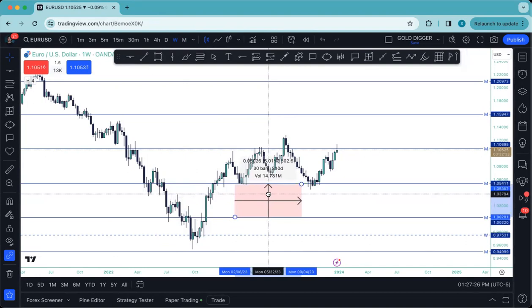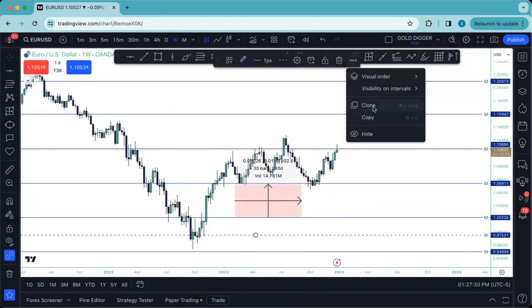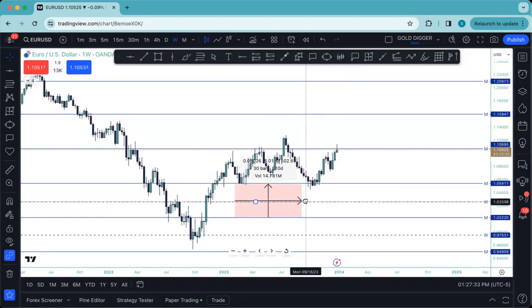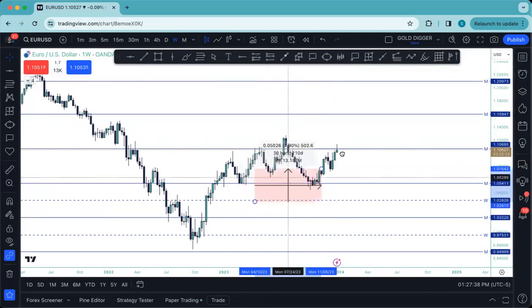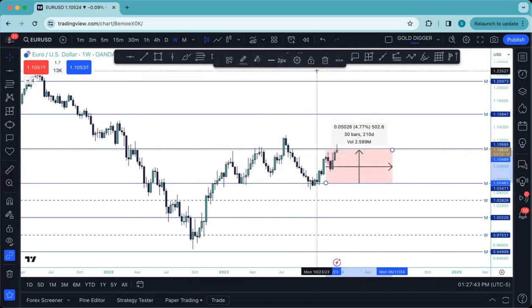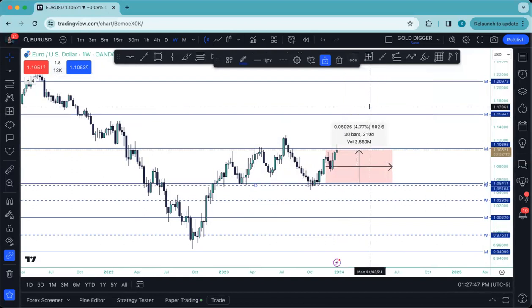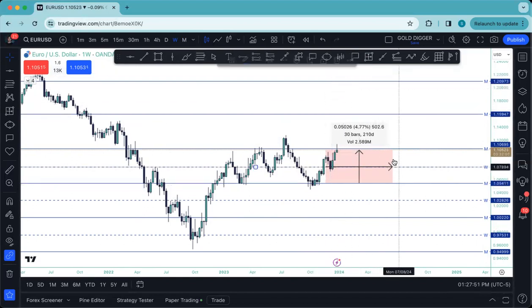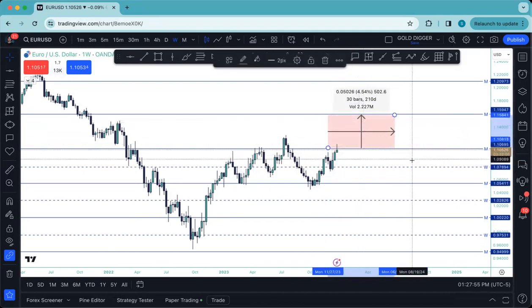You're just going to do this, just keep doing that. Super simple way to find your foundation levels.